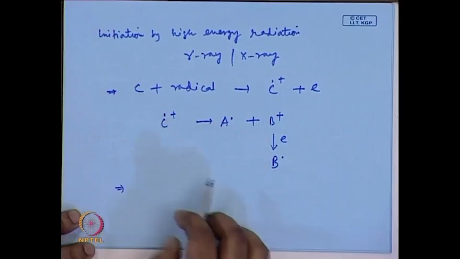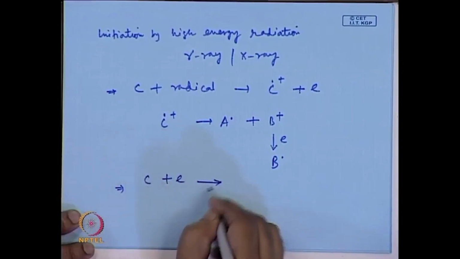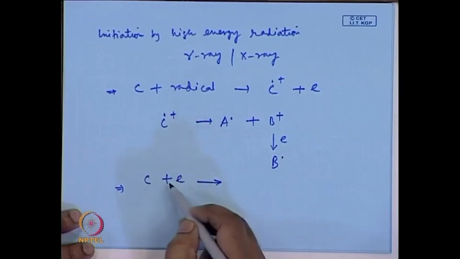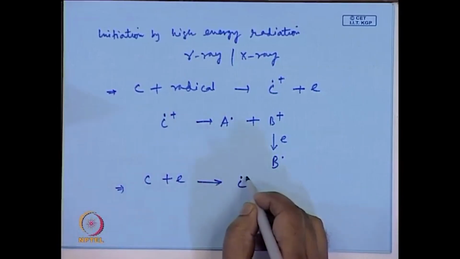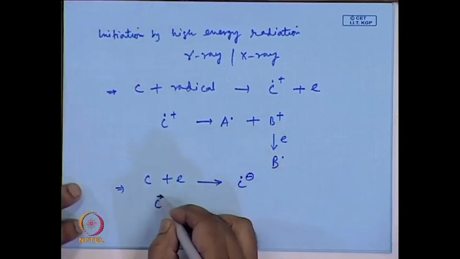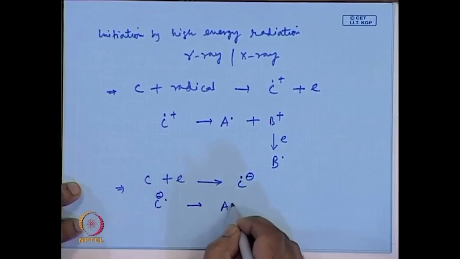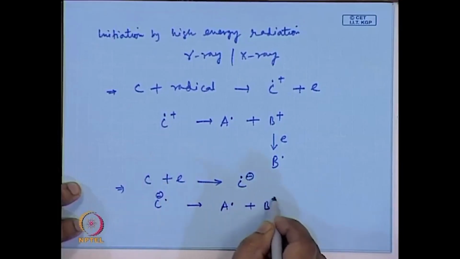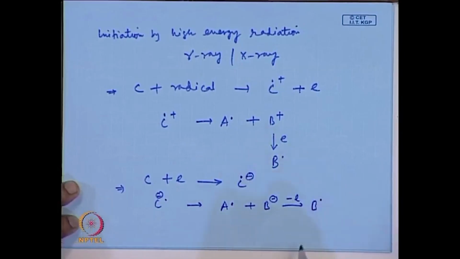There may be another possibility where this high energy radiation can capture an electron and form a radical anion, and this radical anion can dissociate into a radical and an anion, which again gives up an electron to form a radical.